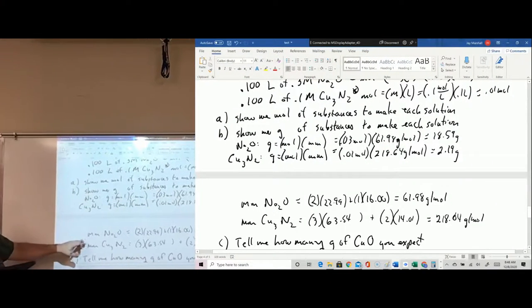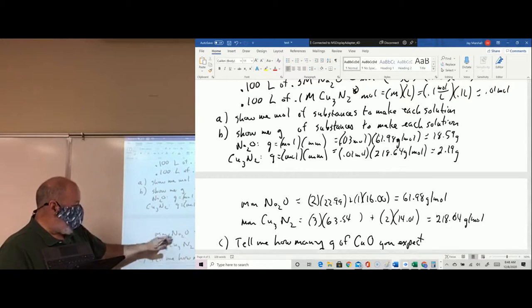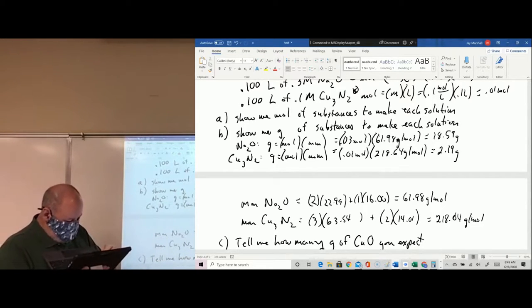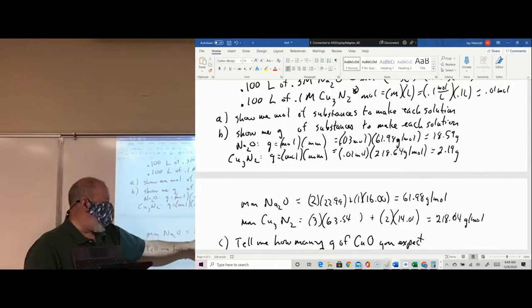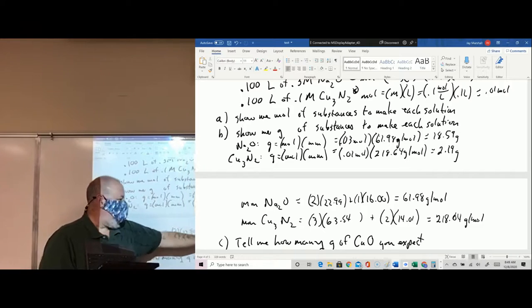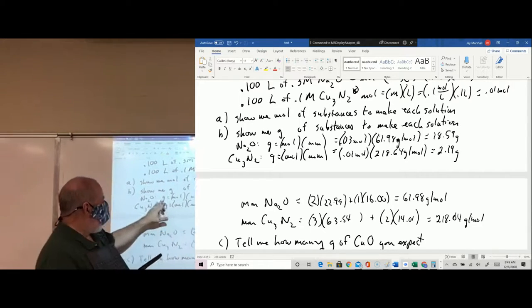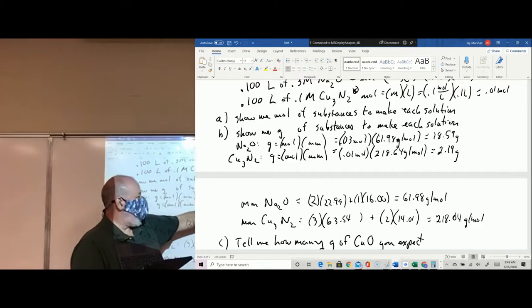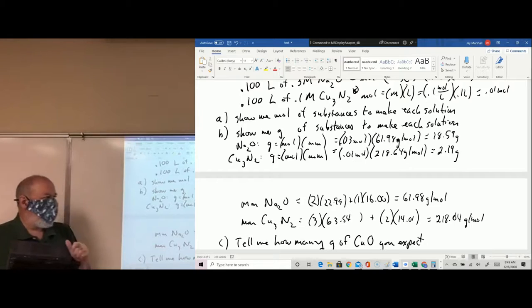Oh wait, I can figure out the molar mass of sodium oxide. That's 2 times 22.99 plus 1 times 16 equals 61.98. So grams equals 0.03 times this, so I need 18.59 grams to measure out on my scale, right?